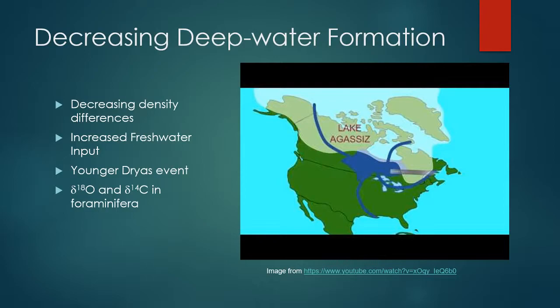These changes have been recorded in the Delta 18O and Delta 14C in various foraminifera and in the ocean water itself, and have been recorded in geologic time because of it.